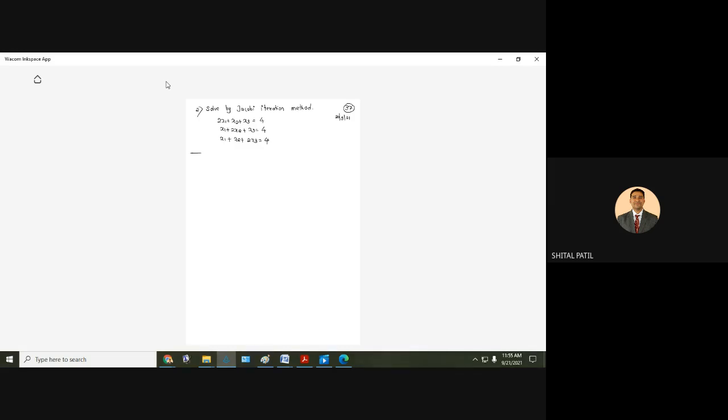So write down the n plus 1th iteration, in terms of the nth iteration.